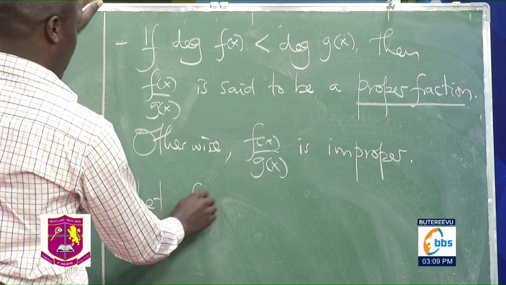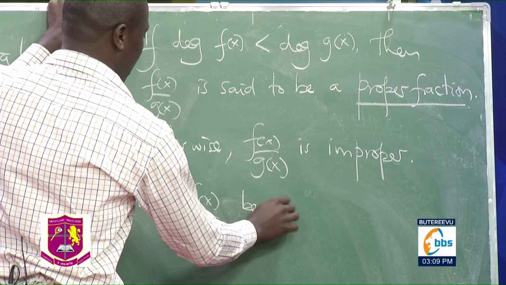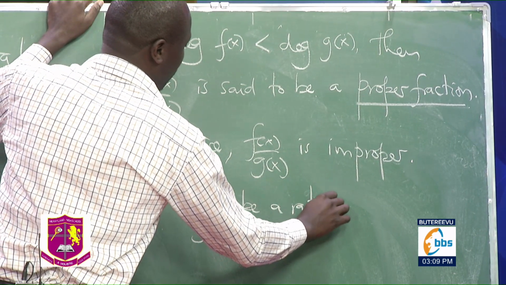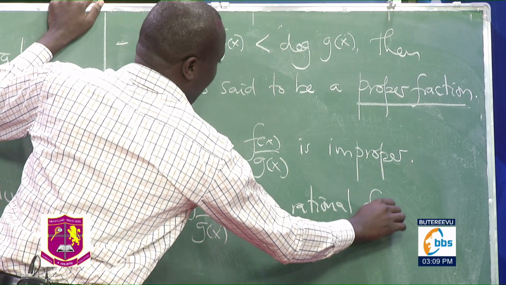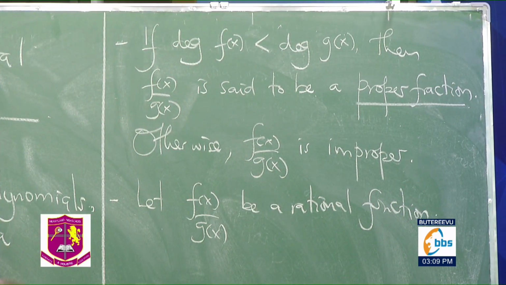So we let f of x over g of x be a rational function. In other words, f of x is a polynomial and g of x is also a polynomial.